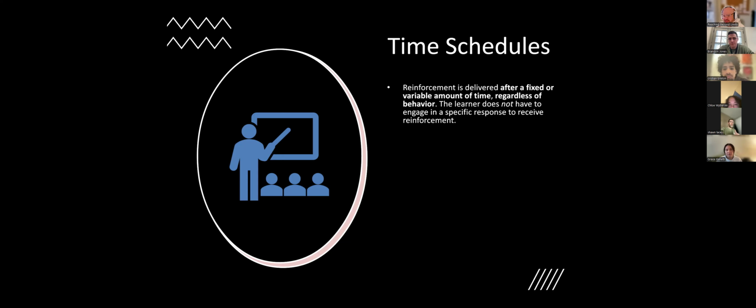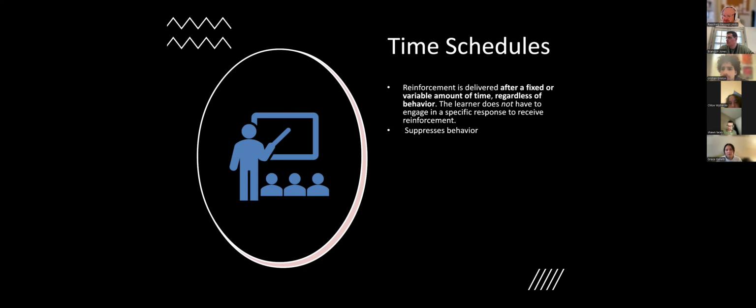So with these schedules, we don't care what behavior is going on. We're going to be delivering reinforcement throughout the shift, throughout our session. The learner does not have to engage in a specific response to receive reinforcement. We're just going to be delivering it throughout the day.